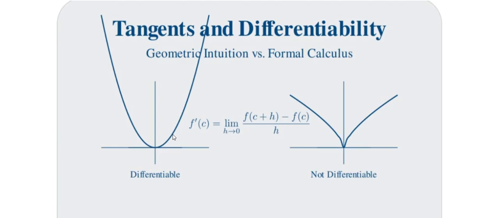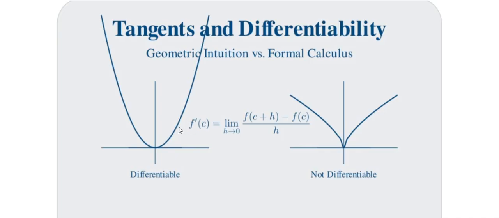You choose two points, C comma f of C and C plus H comma f of C plus H.